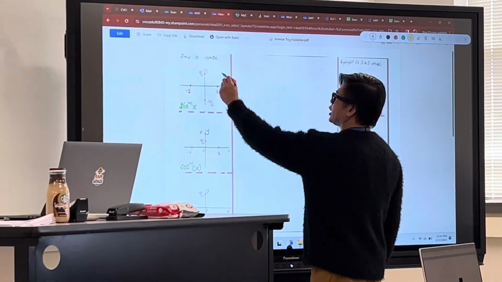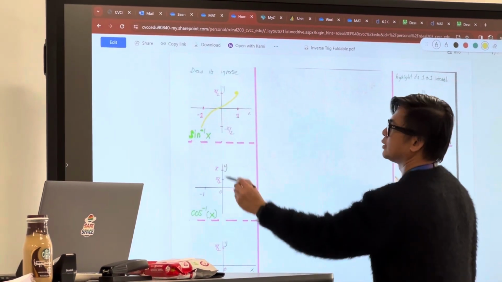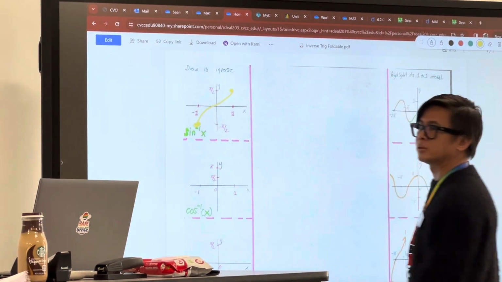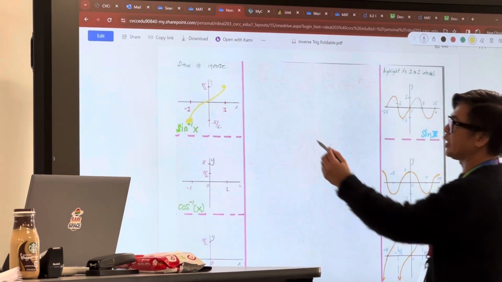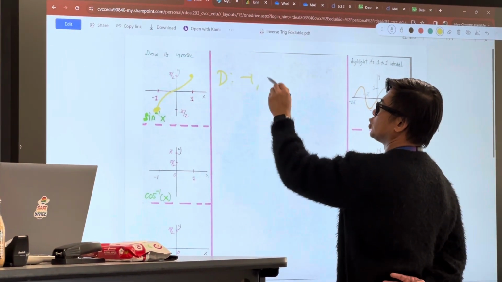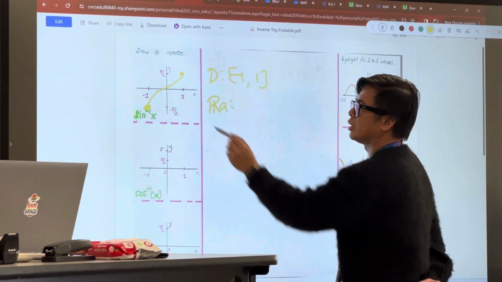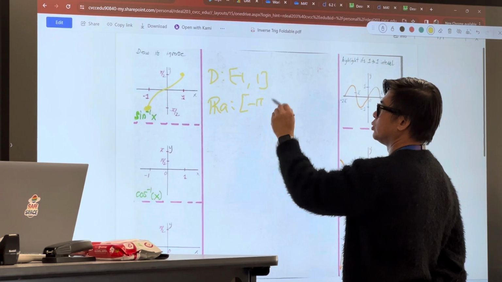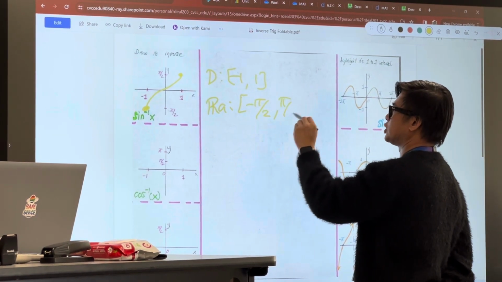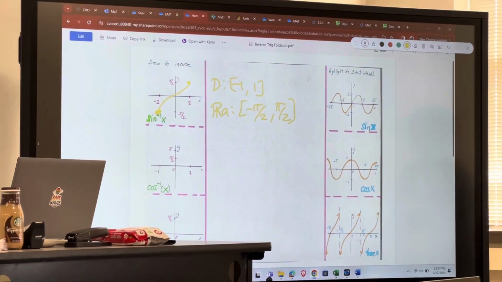Here, it looks like our graph looks like that, with the domain and range as follows, right? The domain here will now be negative 1 to 1, and the range will be negative pi over 2 to pi over 2. So as you may notice, it was already flipped, the x and the y. That means the domain and the range.